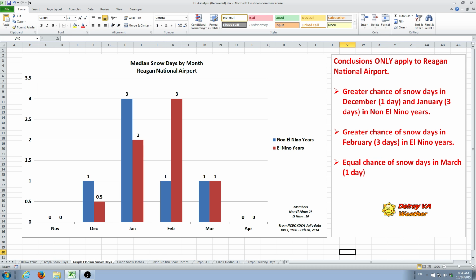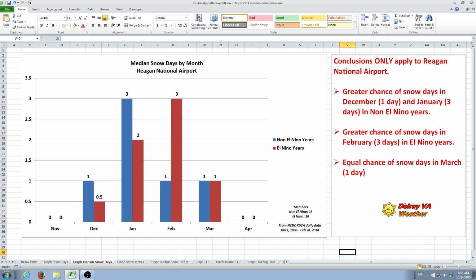I suspect that if the same analysis is done for each weather station around the country, you're going to get a different result. And that is because of the local topography and heat island effects and other things like that, how far north Reagan is compared to other stations, closeness to the river, a lot of factors that are very local to the data set that I'm analyzing.